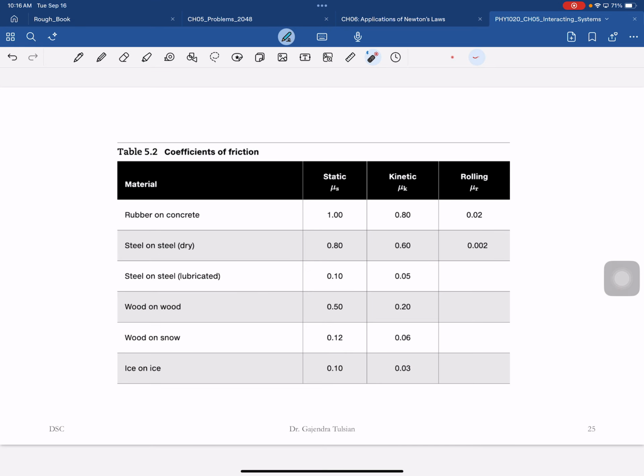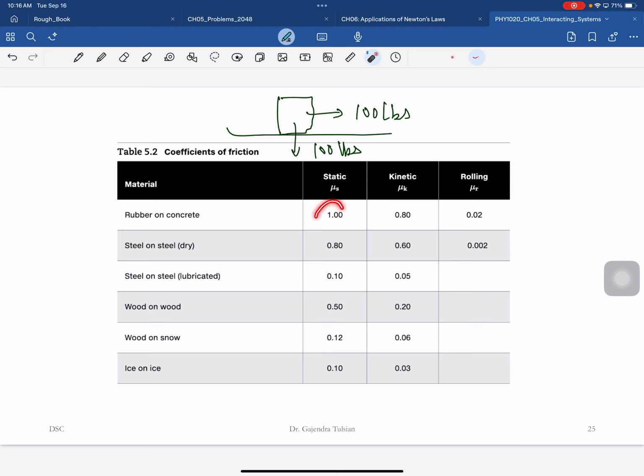And that's what these numbers tell you. This is the static coefficient for rubber on concrete. Here's the kinetic coefficient for rubber on concrete. I'll give you a specific example. If a 100-pound rubber block is sitting on concrete, so the weight is 100 pounds, you need 100 pounds to get it moving.